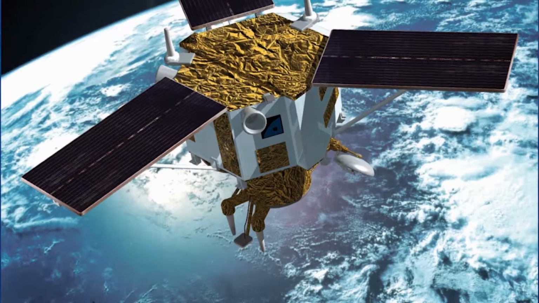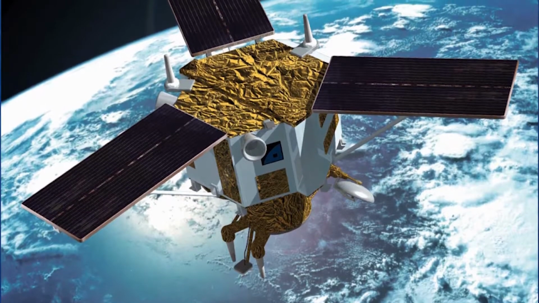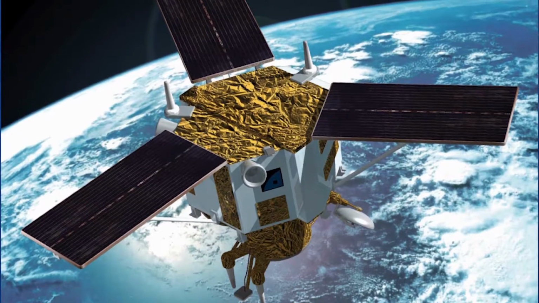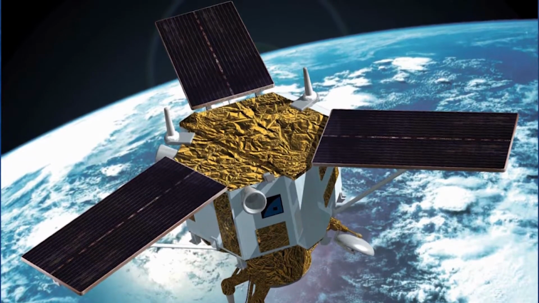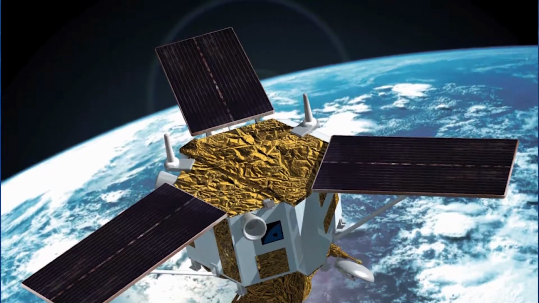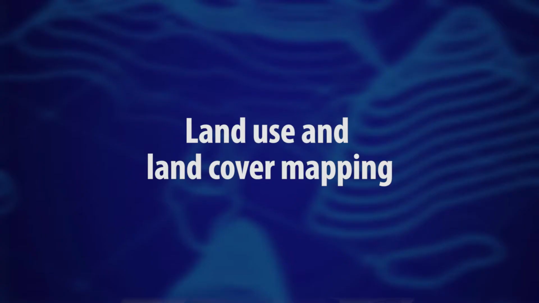Now satellite imagery acquired by IKONOS, that is a commercial earth observation satellite, and ASTER, that is Advanced Spaceborne Thermal Emission and Reflection Radiometer, has become most useful in terms of resolution and accuracy.